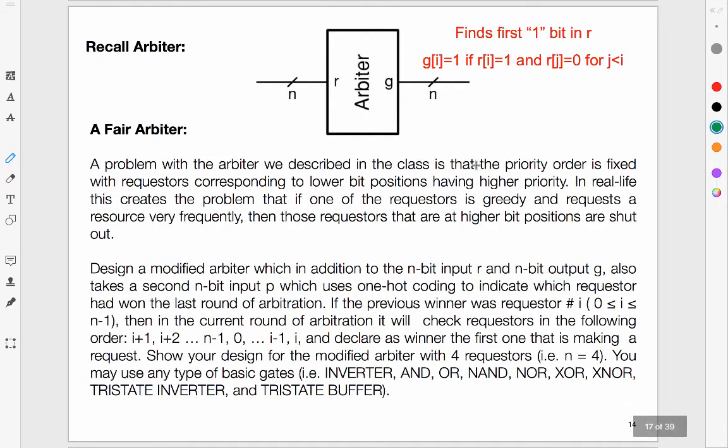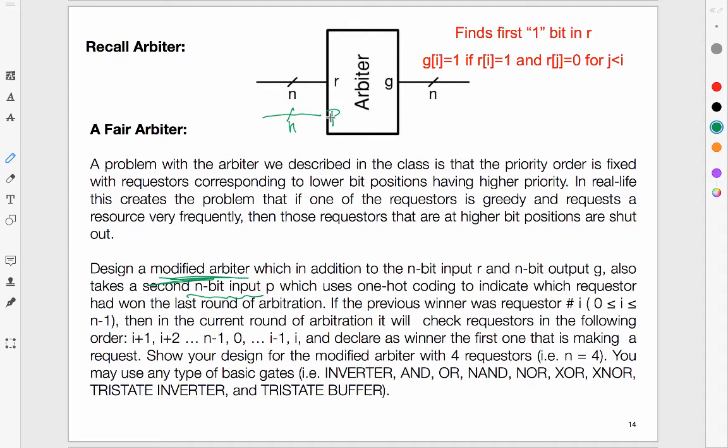So this problem asks you to create an arbiter which is fair. The way we will do the fairness is the following: it asks for a modified arbiter where there is another n-bit input, P. The idea is that P tells us who the winner was the last time.